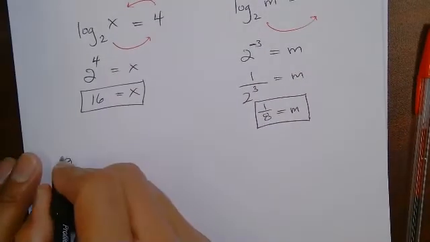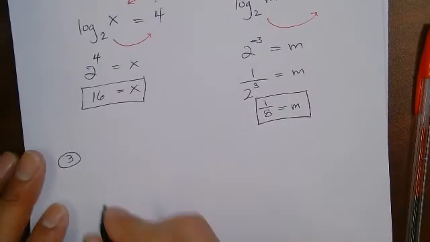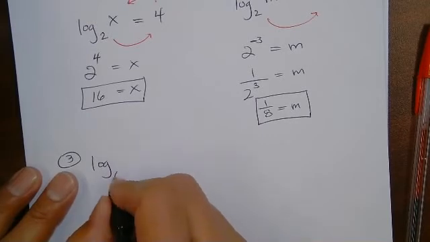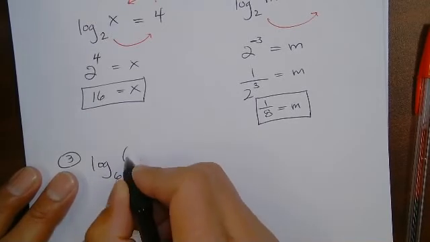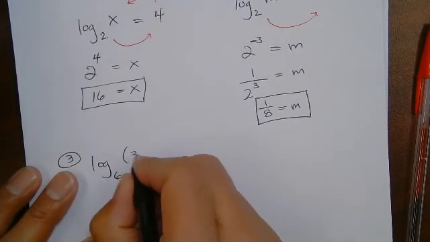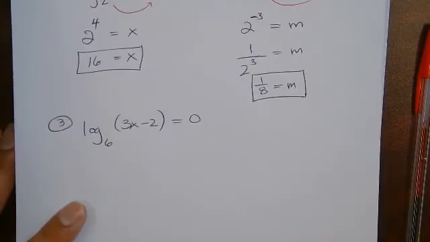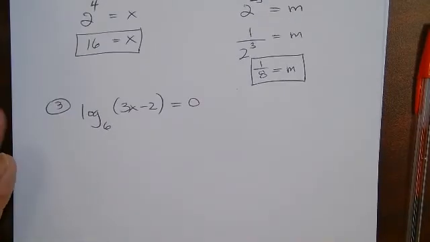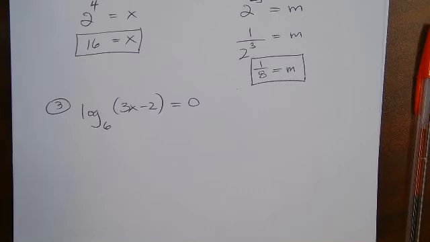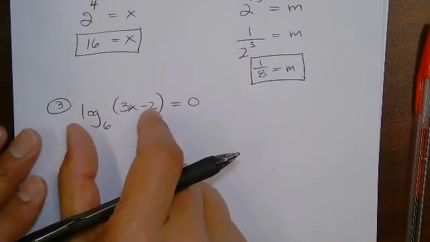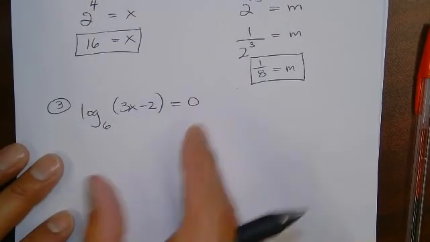And then what if you had something like this? The last of these easy ones that you've learned already. What if you have log base 6 of 3x minus 2 equals 0? It's still this same type of problem, because there's only one logarithm on one side and a number on the other side.